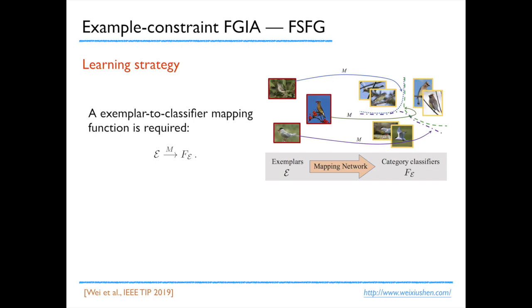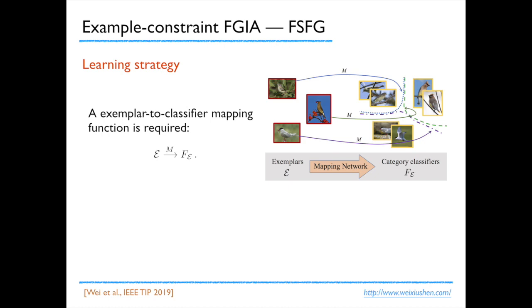In each episode, we sample an exemplar set E from B following the meta-learning fashion, which is composed of a subset of categories, and each category contains few exemplars. The exemplars are the images with red borders.